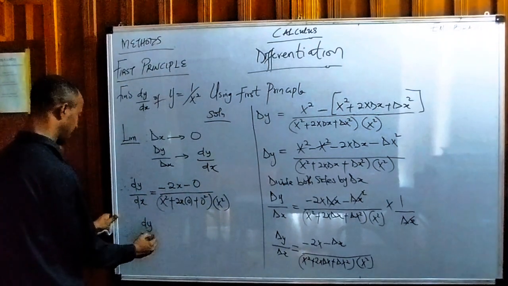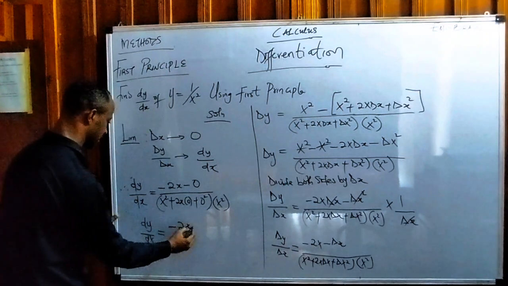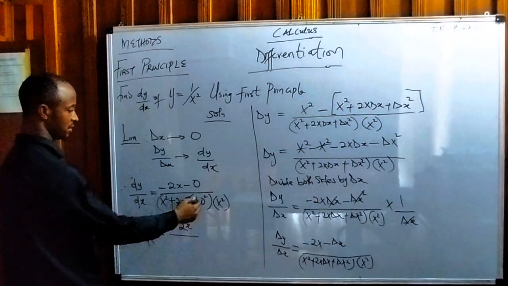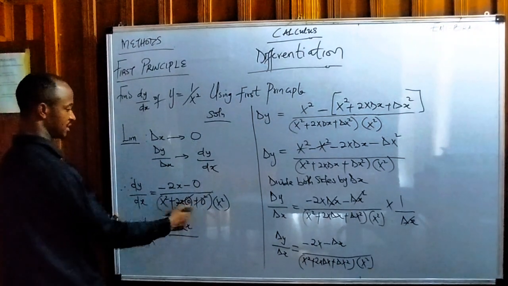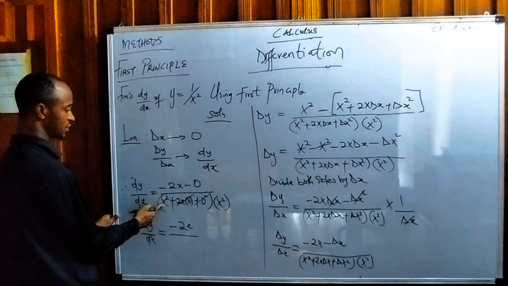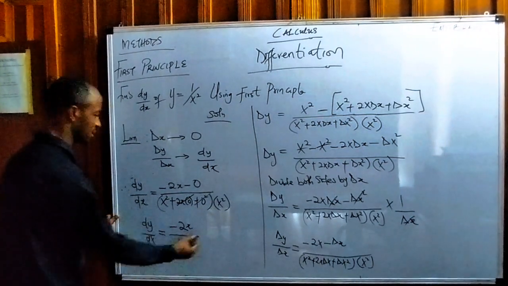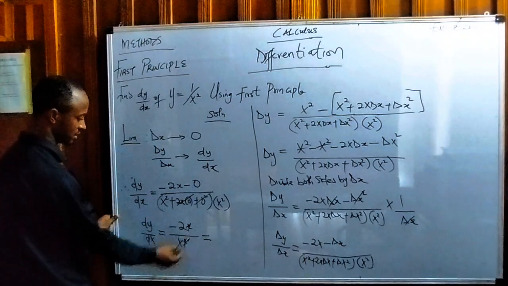So dy/dx becomes minus 2x divided by, 2x times 0 is 0, and 0 squared is 0. This and this are gone. We are left with x squared times x squared, and that will give us x raised to the power 4. We cancel one of these x from here.